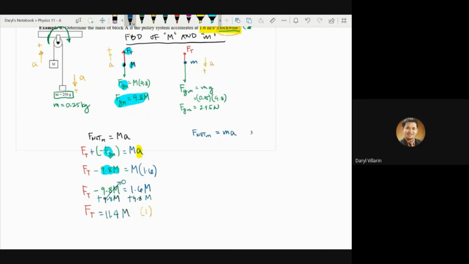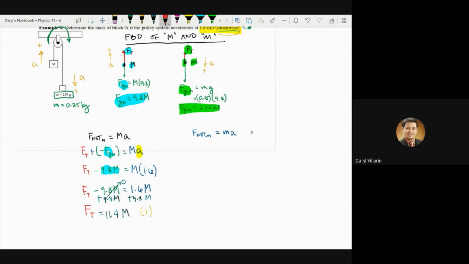So what are the forces on my small m? Well, I'm going to go to my free body diagram. The free body diagram will show me all the forces acting on the object. And if you can see, it's only given by Ft and Fgm.